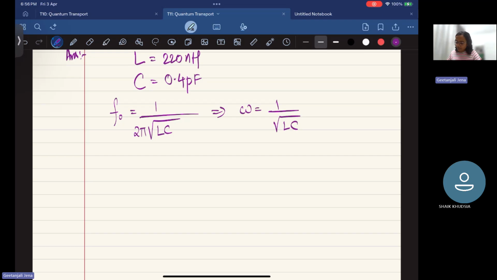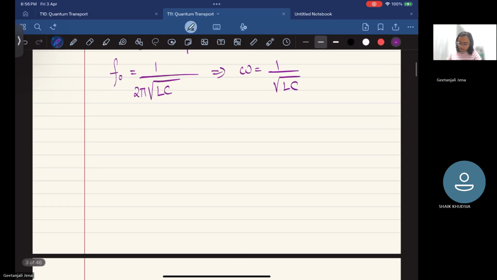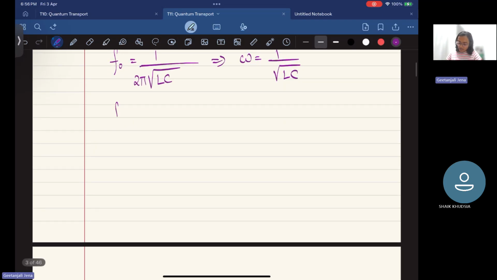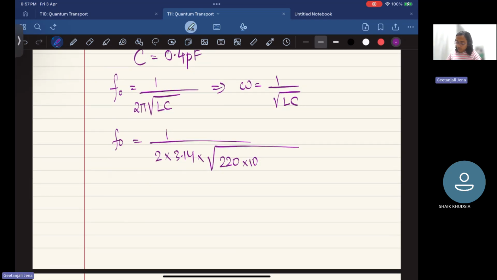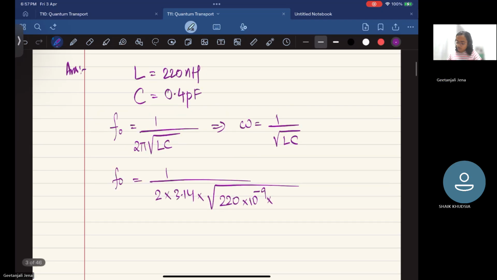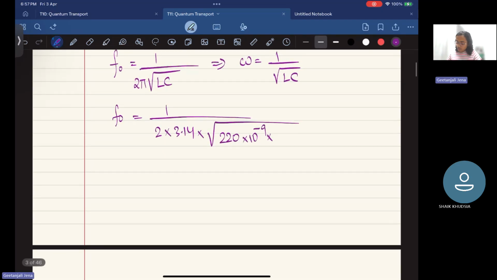Both L and C are given to us. So F0 is 1 by 2 times 3.14, L is 220 nanohenry, 10 to the minus 9, and capacitance is 0.4 picofarad, 10 to the minus 12.